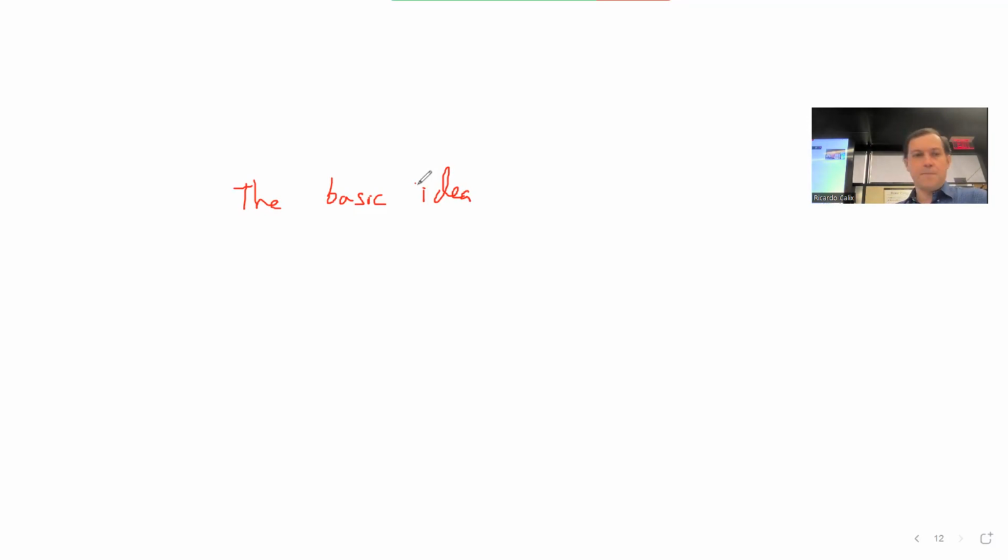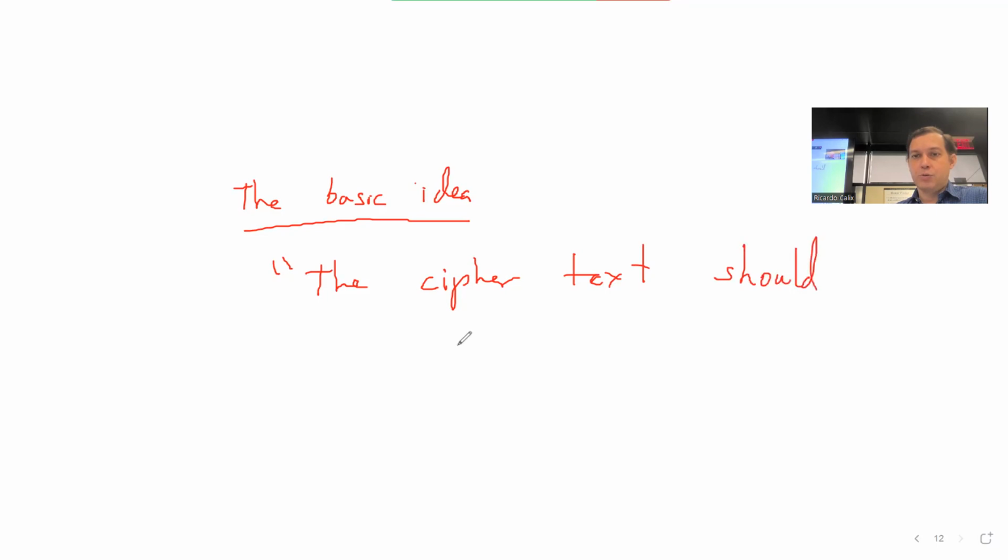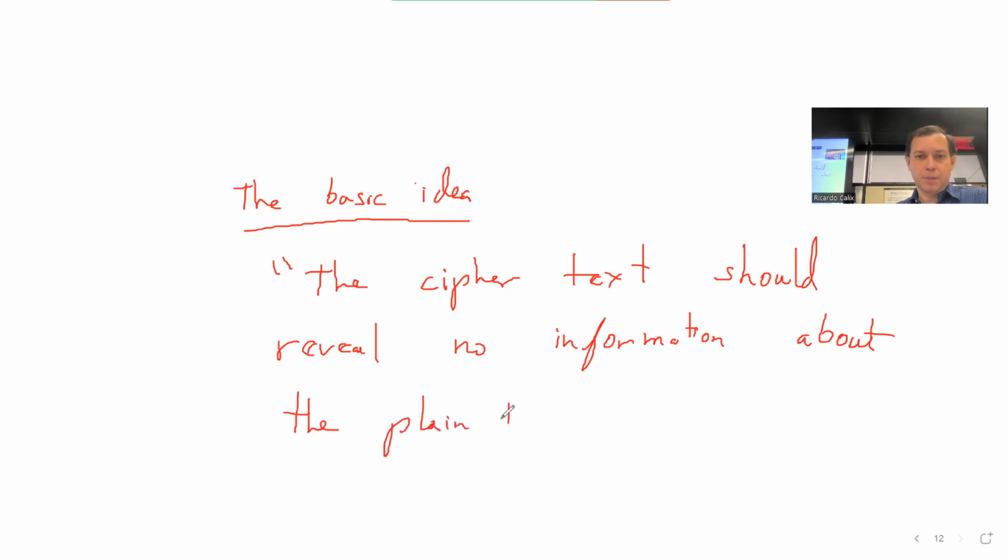So the basic idea is, the ciphertext should reveal no information about the plain text.